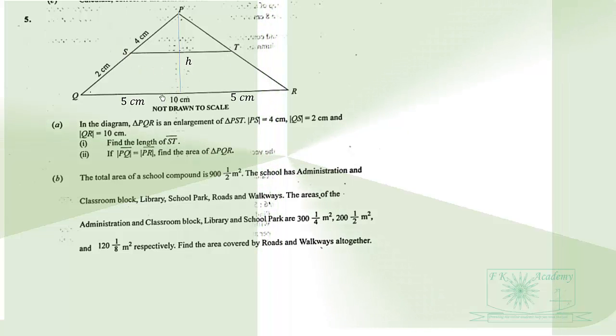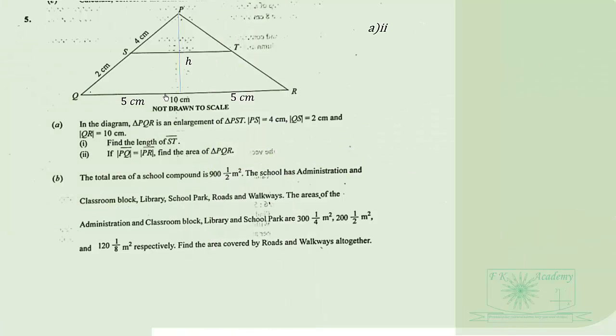So there will be a right angle here. The next thing we are going to do now is use Pythagoras theorem. We know that h squared plus 5 squared will be equal to 6 squared. So we can solve for h to get square root of 11 centimeters.